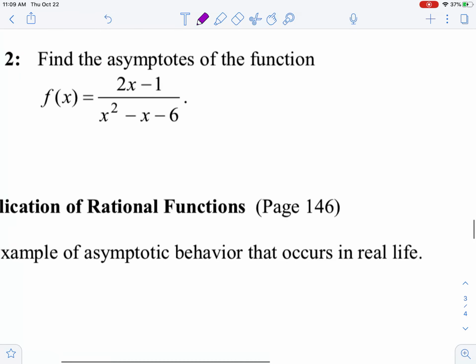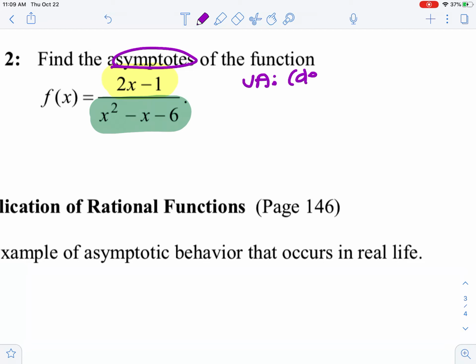So let's talk about how to find the asymptotes of the function, where this is the n of x and this is the d of x. There are two types of asymptotes. For the vertical asymptotes, we always look at the denominator and set it equal to 0. So we set the denominator x squared minus x minus 6 equal to 0 and solve.